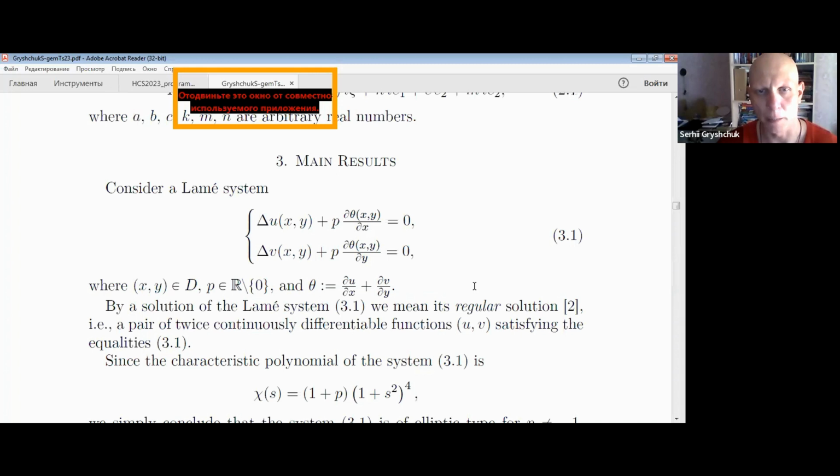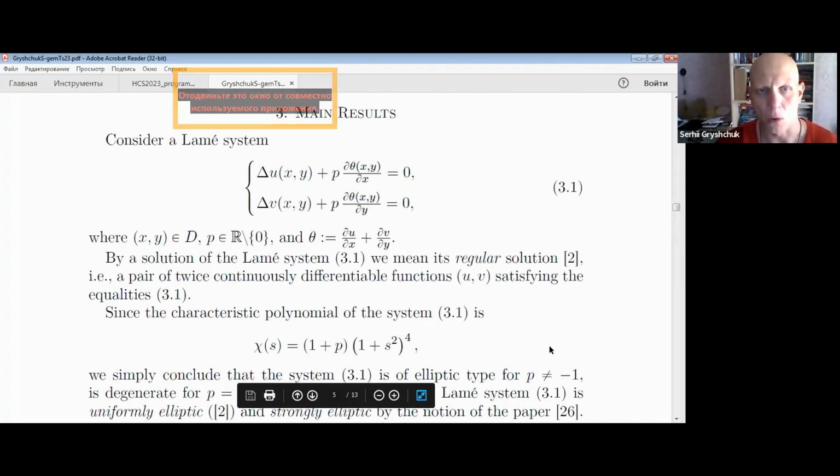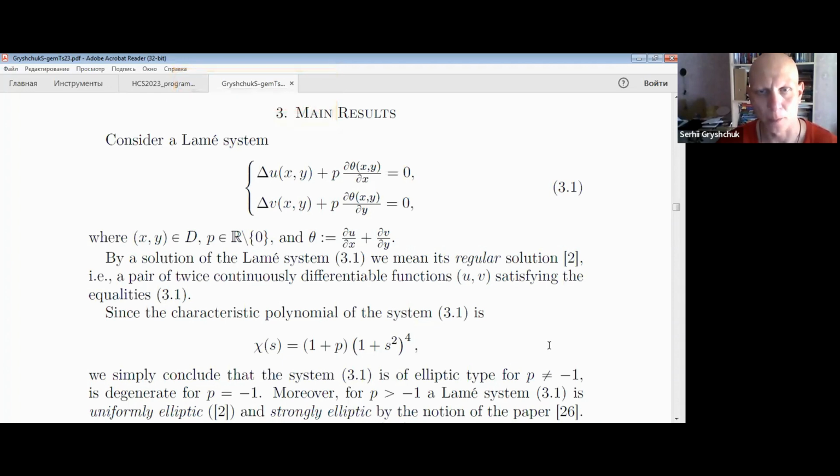By a solution of the system 3.1, we mean a regular solution: a pair of twice continuously differentiable functions satisfying this equation.